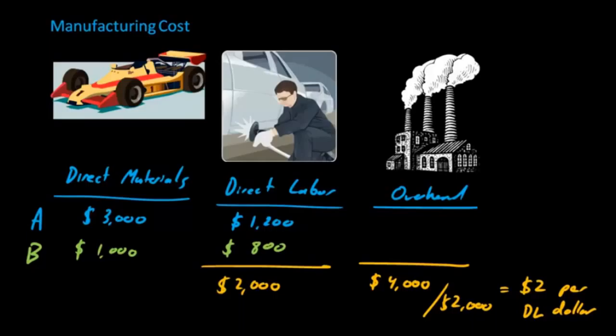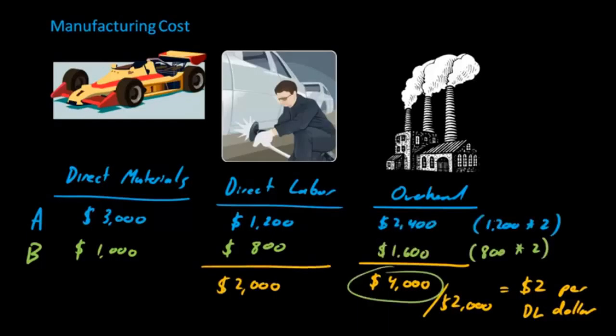What that basically means is that for every dollar that we spend on direct labor, we should allocate $2 to overhead. So for car A, we spent 1,200 on direct labor, so we should take 1,200 times 2 and allocate 2,400 to overhead. And then for car B, we're going to take the 800 and multiply that by 2, and we will allocate 1,600 to car B.